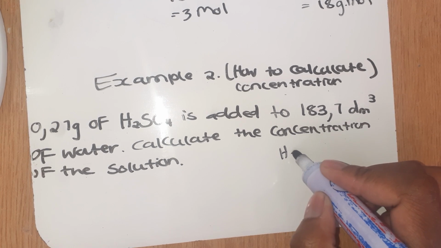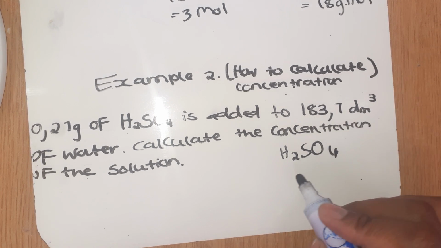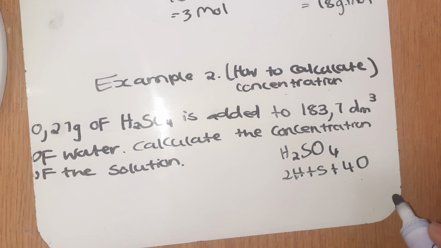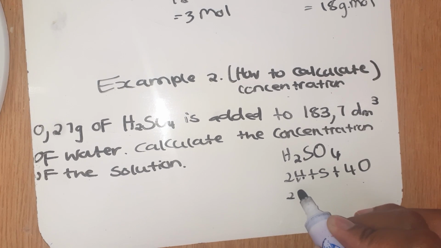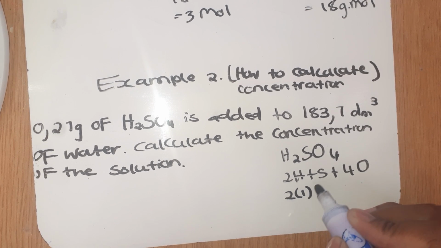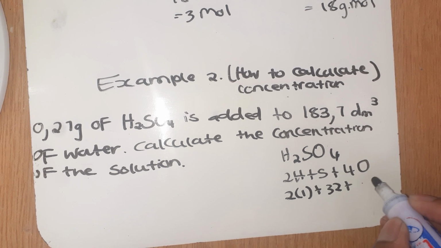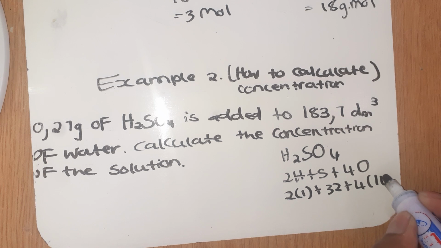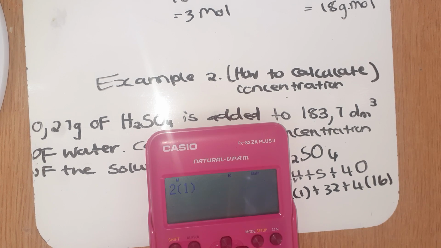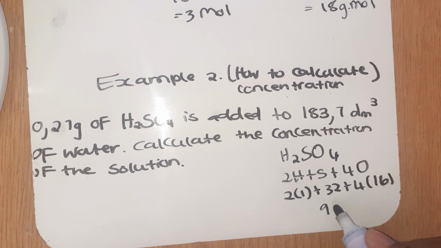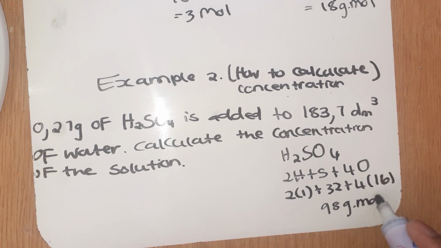So that is H2SO4, which means 2H plus S plus 4O, right? The mass of H is 1, of S is 32, and of oxygen is 16. So that's 2 times 1 plus 32 plus 4 times 16, and that will give us 98 grams per mole.